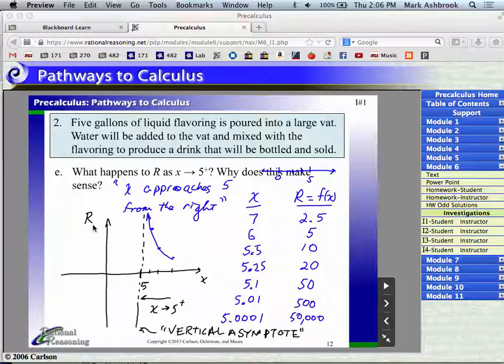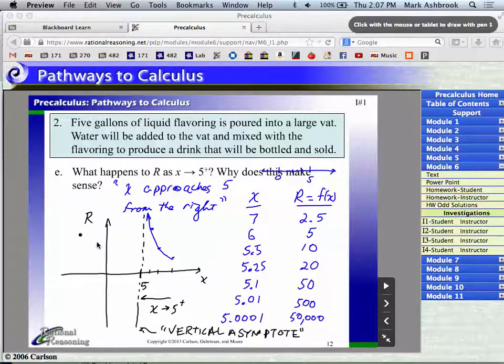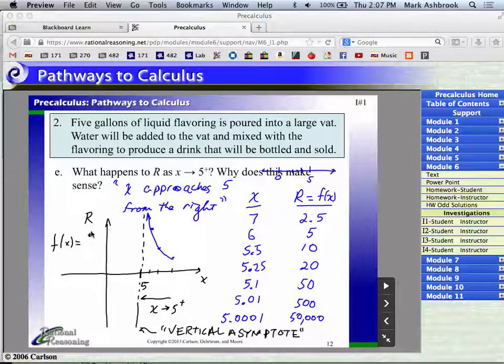So this is what that graph looks like. This is the fourth thing that we have with rational functions, what's called vertical asymptotes. And where do those occur? Now we look back at our function, 5 over x minus 5. What are we looking at to find vertical asymptotes? The denominator, right?